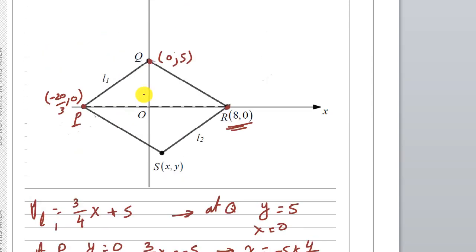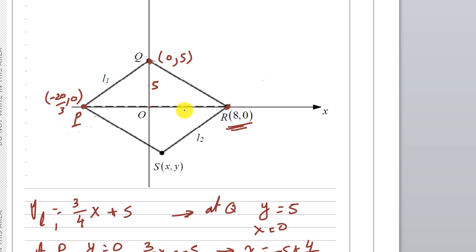Now we need the area of this parallelogram. If I can find the area of this triangle, the upper triangle, I can multiply by 2 to get the whole area of the parallelogram. To find the area of the triangle, I can find the height, which is this one, which is 5, and the whole length here, which is 8.